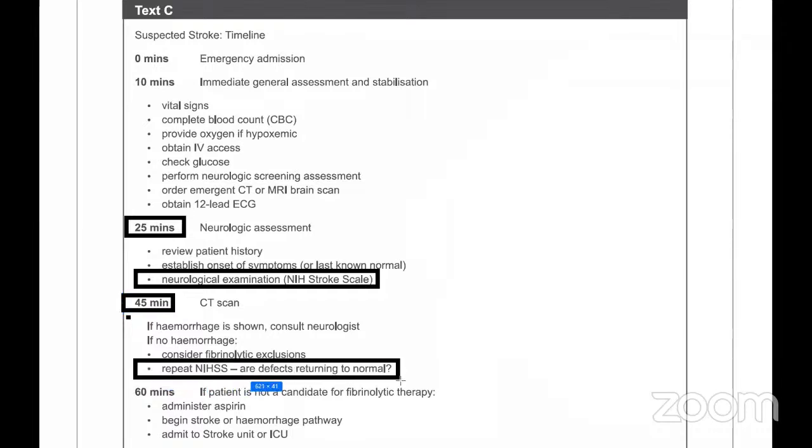Are defects returning to normal? So the NIHS scale is already there, so be careful. Repeat is already there, so no need to write repeat. Twice is already there. So NIHS, that's enough. Right. Update your scores, please.